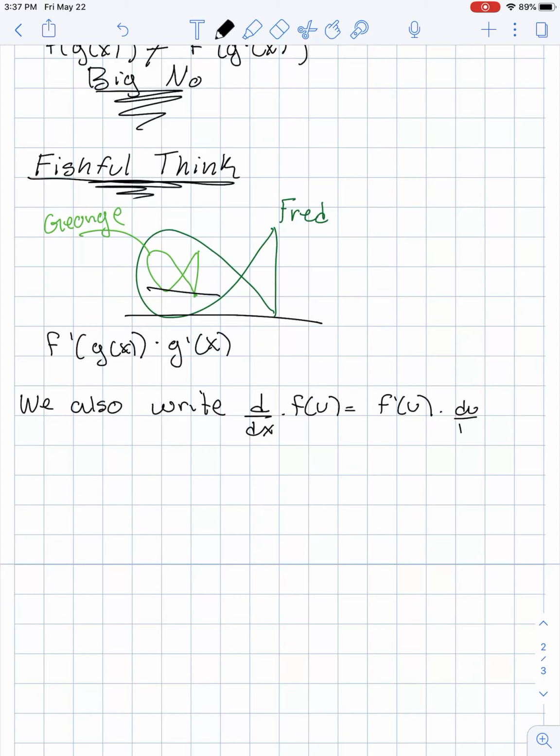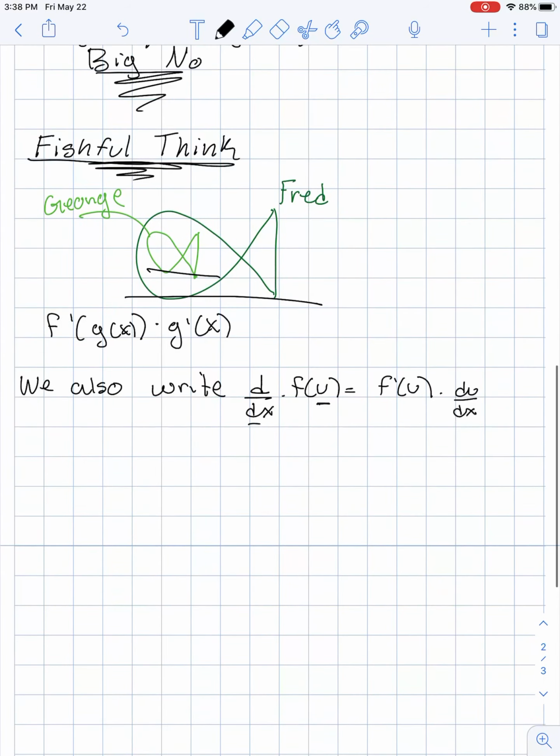We don't always know anything about u, so we have to assume that its derivative may have a unit. So we write the derivative with respect to x of f of u equals f prime of u times du of x. You'll see this is how the rest of the derivative rules are going to be taught. So basically, when you see a derivative rule, there's not going to be an x involved at all. It's going to be a u, but you're going to be still taking the derivative with respect to x.